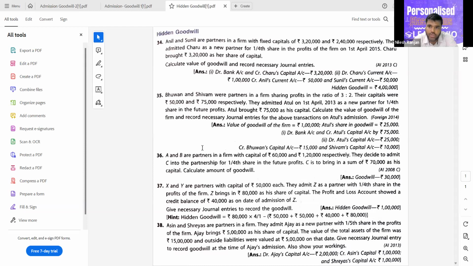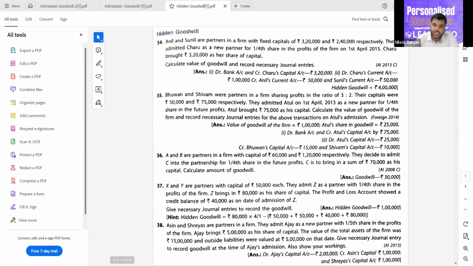So total amount is 2,20,000. The capital should be 3,20,000 and actual capital is 2,20,000. So goodwill is 1 lakh.